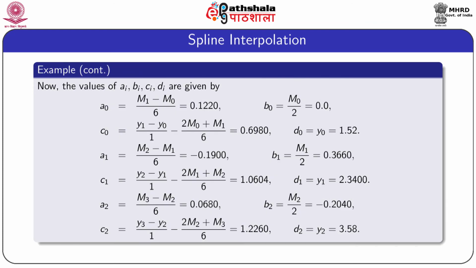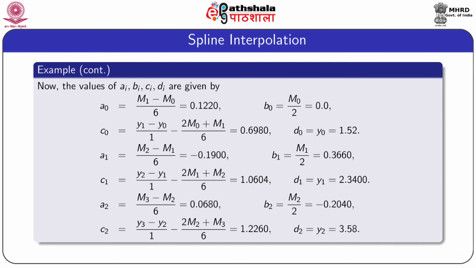Now, the values of ai, bi, ci and di are given by this formula. Since the values of m0, m1, m2, m3 are available, we can calculate a0 equal to m1 minus m0 by 6, which is equal to 0.1220, b0 equal to m0 by 2, this is equal to 0, c0 equal to y1 minus y0 by 1 minus 2m0 plus m1 by 6, and after simplification the value of c0 equal to 0.6980, d0 is equal to y0, which is equal to 1.52.